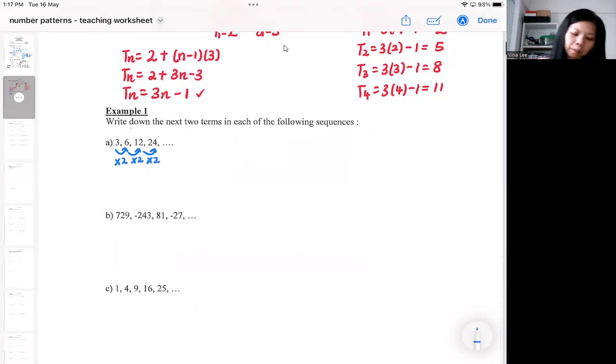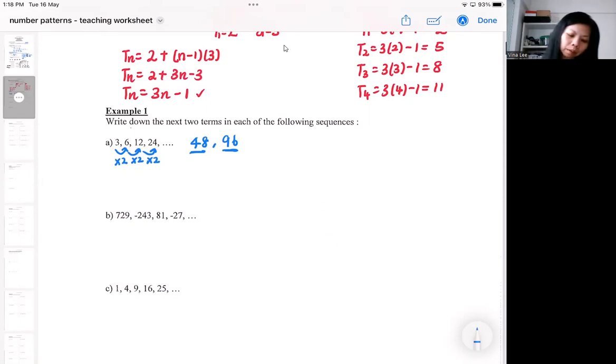So if I keep multiplying by 2, my next terms will be 48 and 96. When you keep multiplying by 2, it will not be considered common difference. Common difference is only for adding the same number or subtracting the same number. If it's a multiplication, it's not considered.